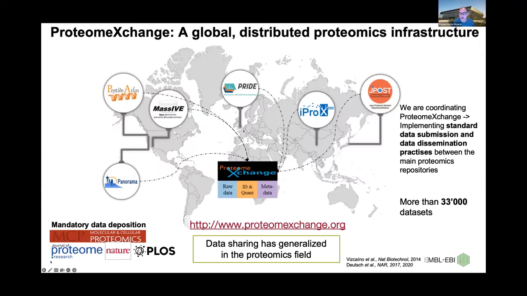But first, before anything, I would like to give a short introduction for those who don't know about ProteomeXchange. ProteomeXchange is a consortium of a group of databases, created in 2014.